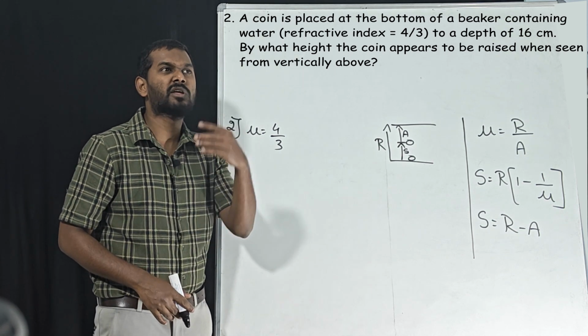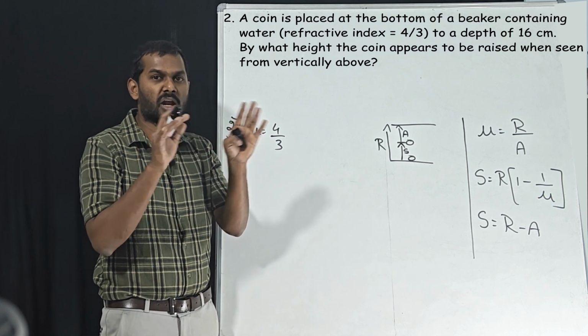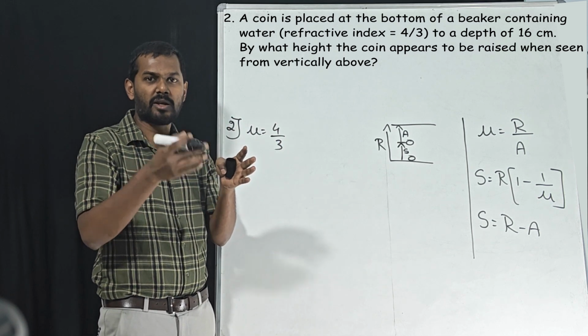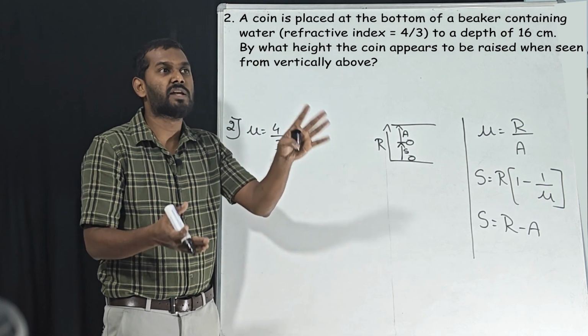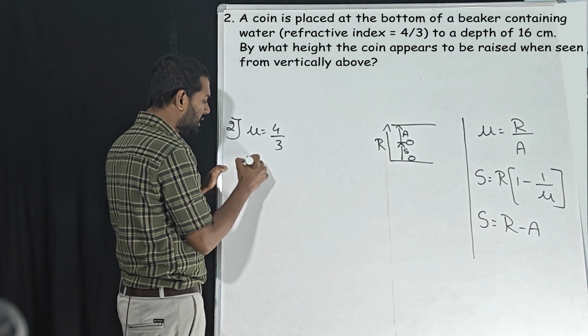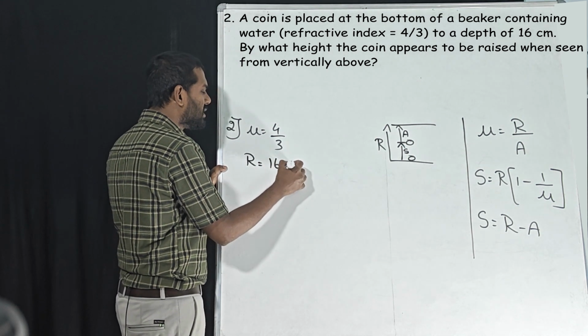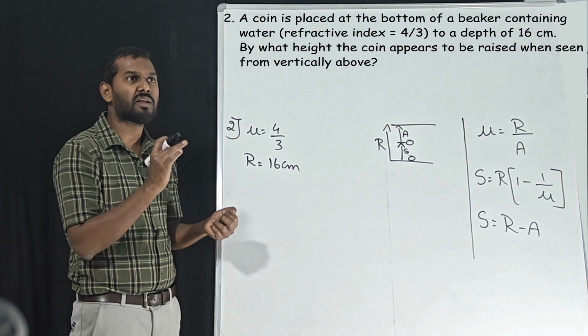Have they given apparent depth of 16 centimeter? No, right? If they are not using apparent or raised, then it is real depth. So depth of 16 centimeter is nothing but real depth. Don't convert into meter here itself. Finally we can convert it.